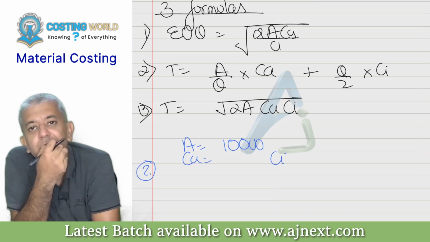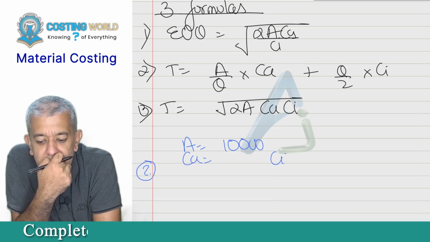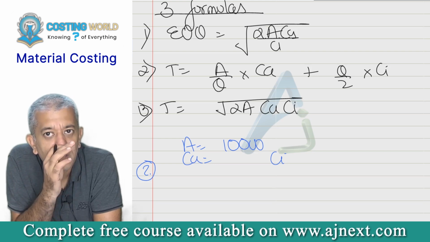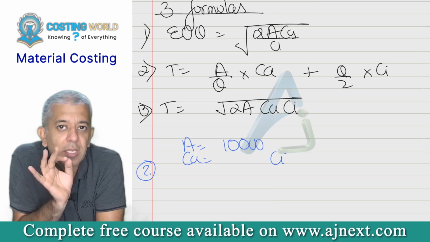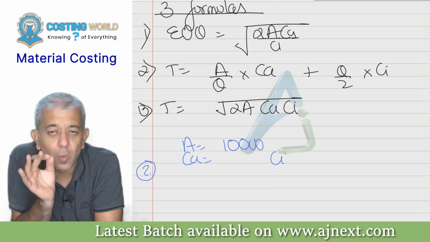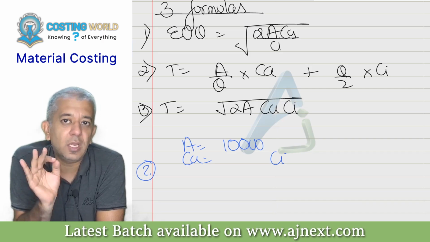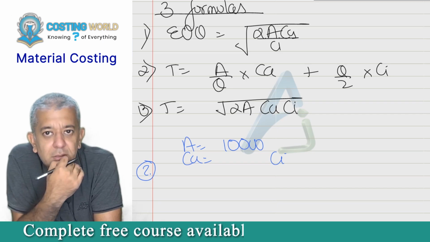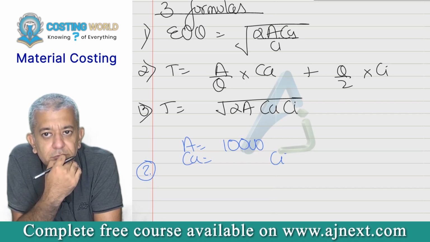They tell you to find the quantity that the company should order every time so as to minimize inventory associated cost. Tell me, which formula will you apply? Third. Third.